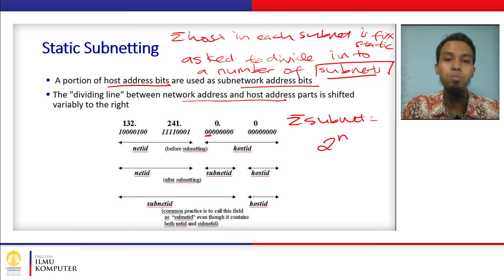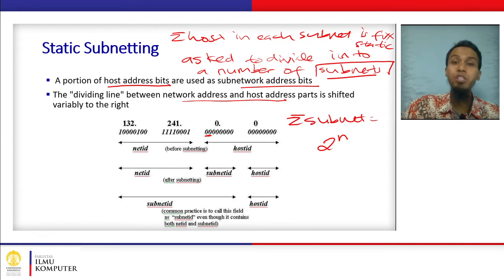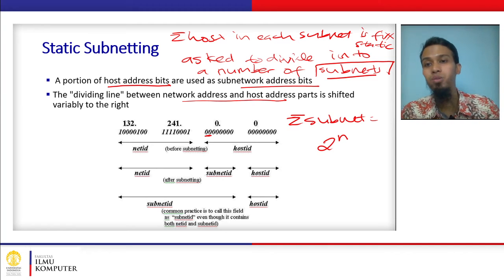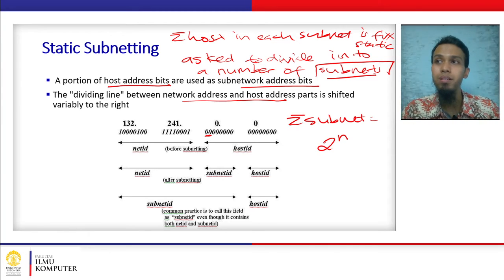Or if we want to create, for example, 6 subnets, if we only use 2 bits, then we cannot create 6 subnets, because it can only create up to 4 subnets.